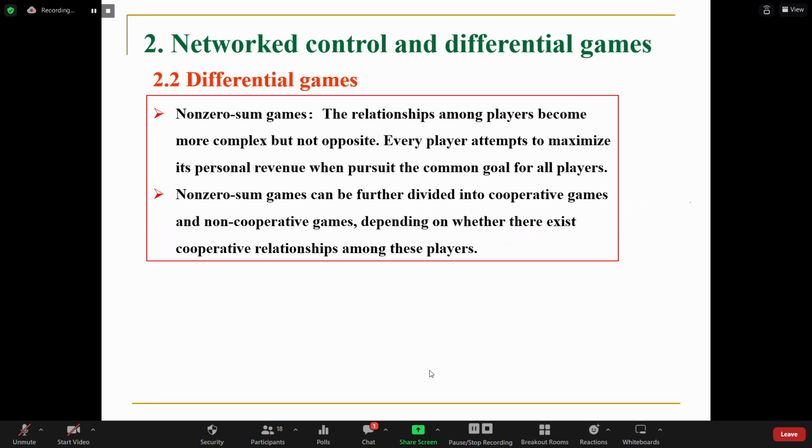In non-zero-sum games, the relationships among players become more complex, but not opposite. Every player attempts to maximize its personal revenue when pursuing the common goal for all players. Non-zero-sum games can be further divided into cooperative games and non-cooperative games, depending on whether there exist cooperative relationships among these players.